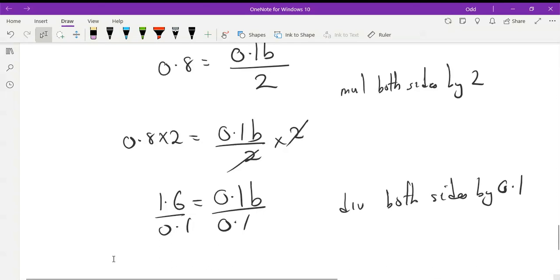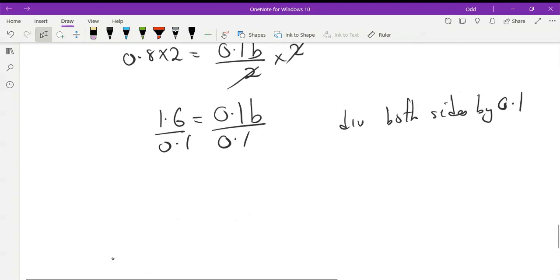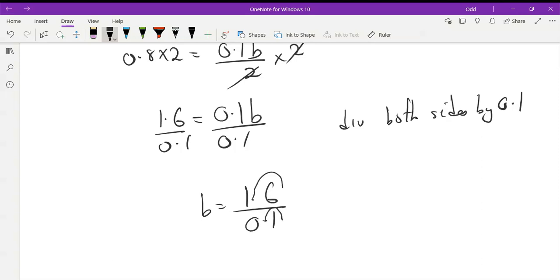So b is going to be 1.6 divided by 0.1. We can do this without even using a calculator. Since we have 0.1, we want to get to 1. We can just move the decimal towards the right, and we also have to do the same for the top.